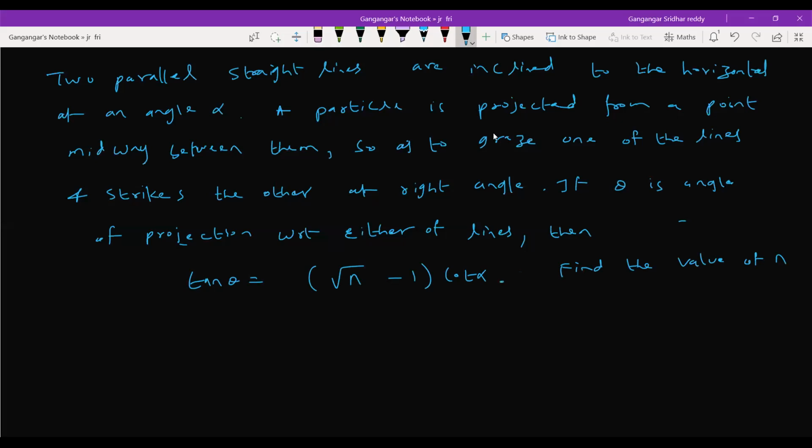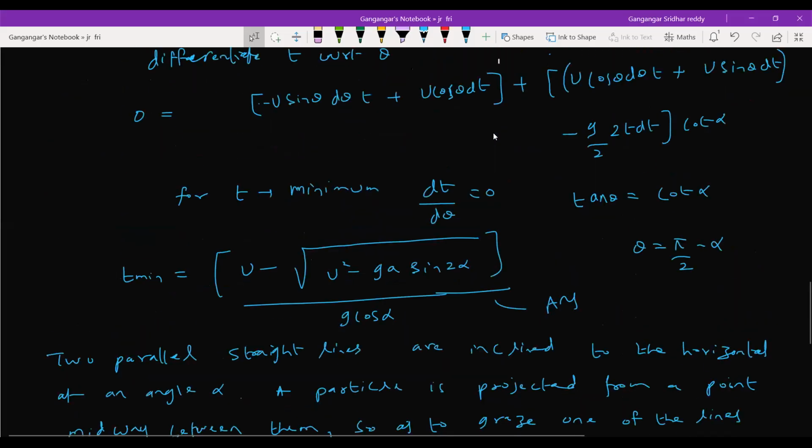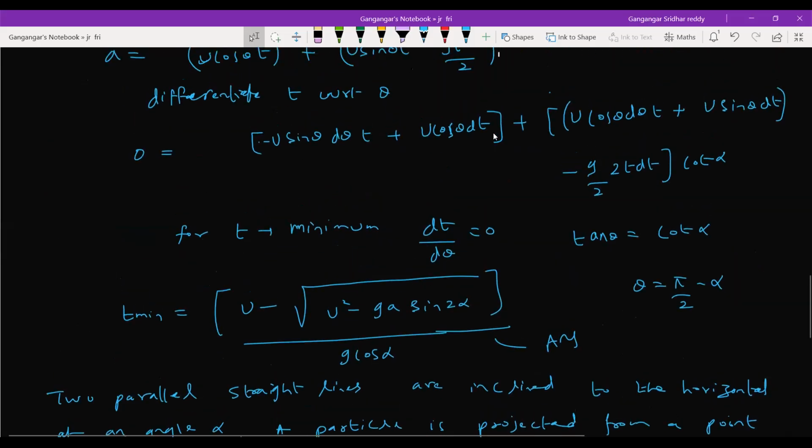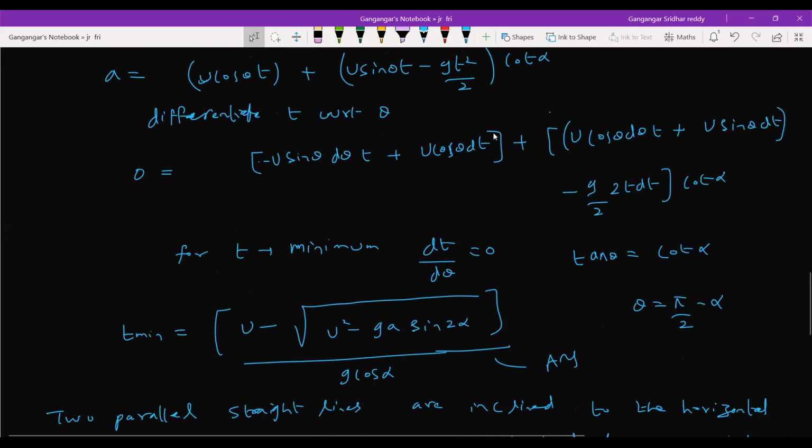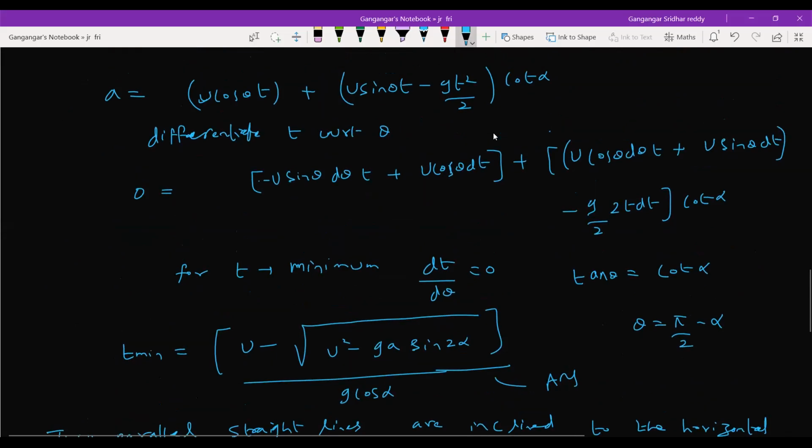Intentionally diagram not given because the student was supposed to assume the diagram also. Two parallel straight lines are inclined to horizontal at an angle alpha. Construct the diagram. Sir, could you show once the previous answer, sir? Okay, Maya. Thank you, sir.